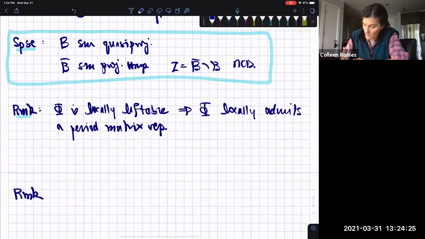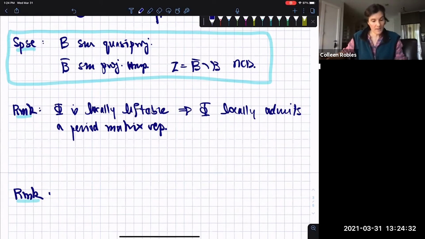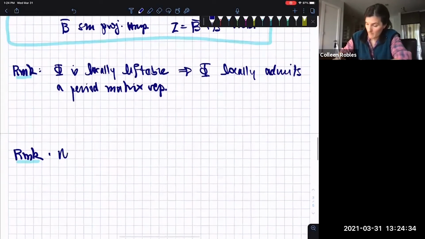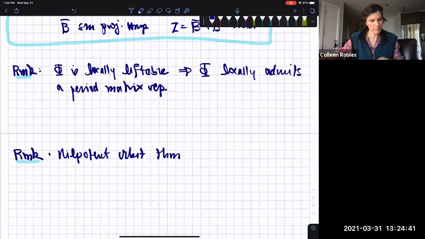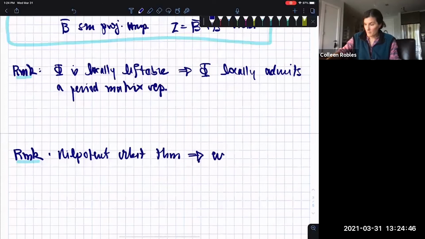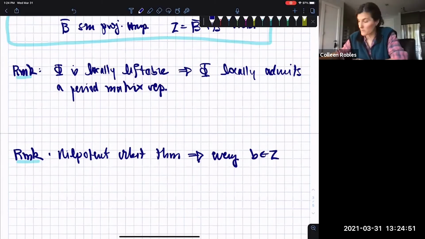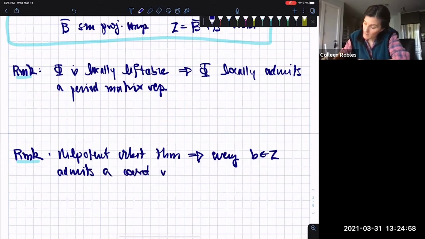You can also, thanks to Schmid, do this out at infinity. Okay. So the nilpotent orbit theorem tells us that every point B inside the boundary at infinity admits a coordinate neighborhood.